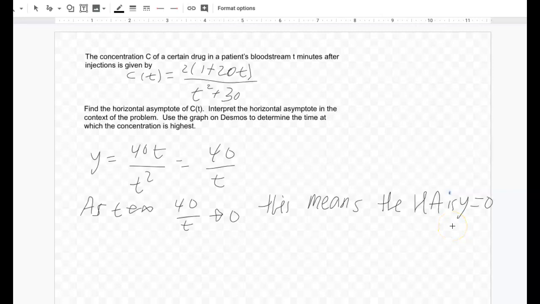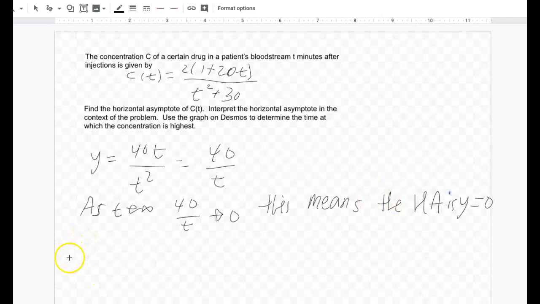And so when we go to interpret this, the concentration of a certain drug in a patient's bloodstream t minutes after injection, so when we think about medicine that we take, in most cases we end up having to take that medicine again. And we can see now mathematically that because of this horizontal asymptote, as t goes to infinity, as enough time passes, the drug is going to leave our body.